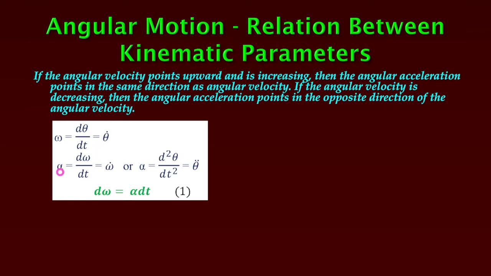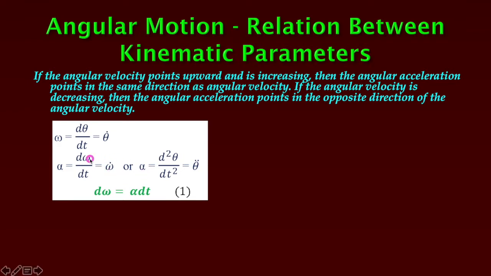The angular acceleration is d omega by dt, where omega is the angular speed or angular velocity. This is also represented as omega dot.